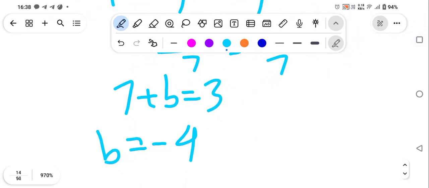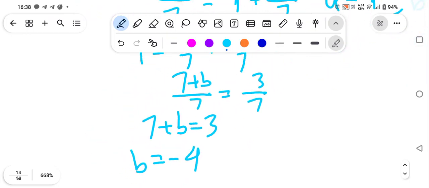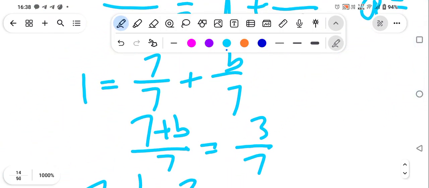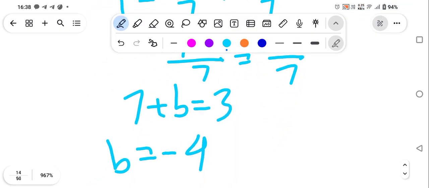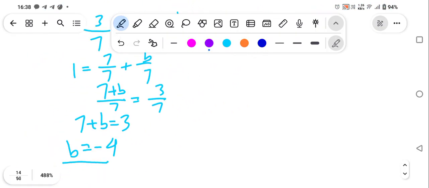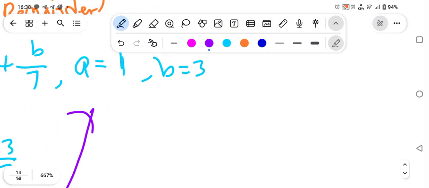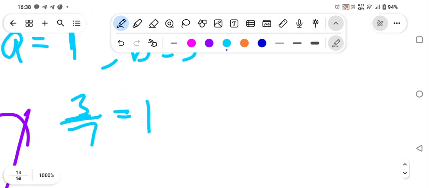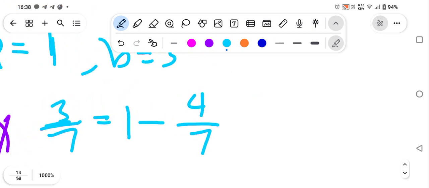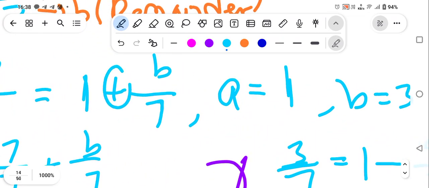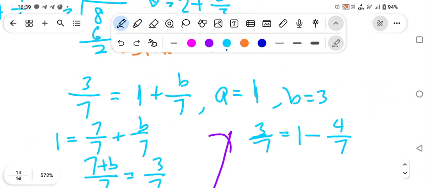It's actually okay that b is negative, because we don't care as long as b can be expressed as a real number. So we get that 3 over 7 equals 1 minus 4 over 7. And this is actually right. Even though I write plus here, b is negative, so it's no big deal.